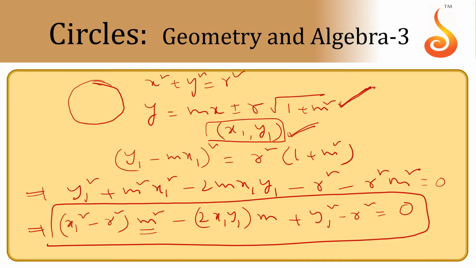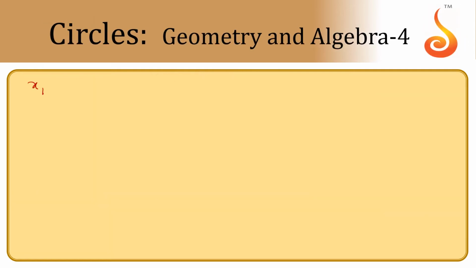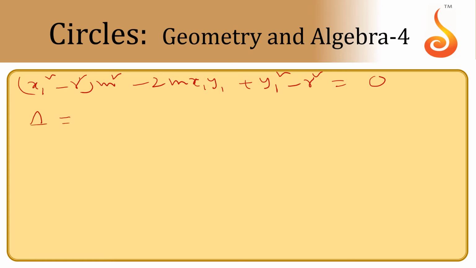Again the same logic. So let us write that equation again. x1 square minus r square into m square minus 2m x1 y1 plus y1 square minus r square equals 0. Now its discriminant delta decides whether the m values are real or distinct.